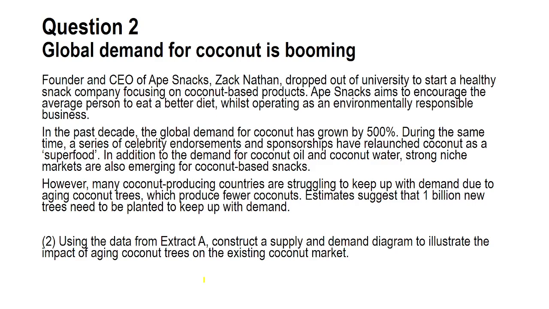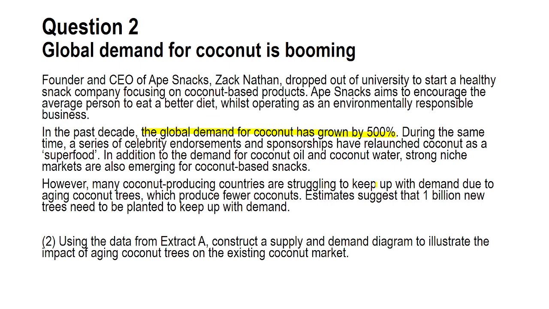Ape Snacks aims to encourage the average person to eat a better diet, whilst operating as an environmentally responsible business. In the past decades, the global demand for coconut has grown by 500%. So, this is important information: the global demand for coconut has grown by 500%.